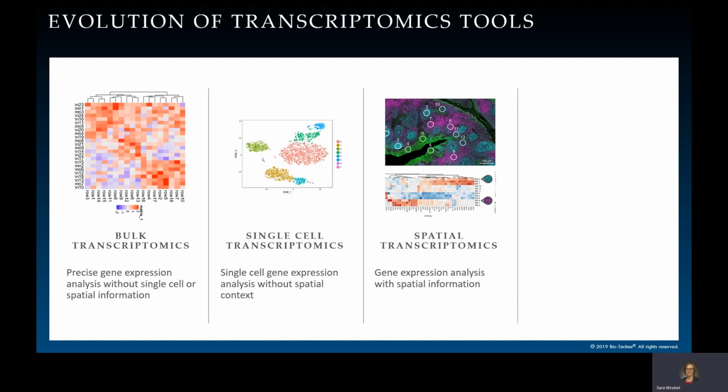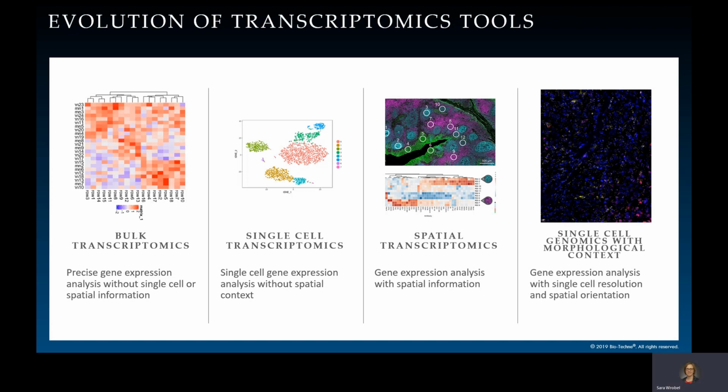Much more recently, there's been an increase in techniques available within the spatial transcriptomic field. Many of these techniques allow a very, very high level of plexing to understand the transcriptomic environment within a piece of tissue, but also have started to be able to introduce some spatial visualization.